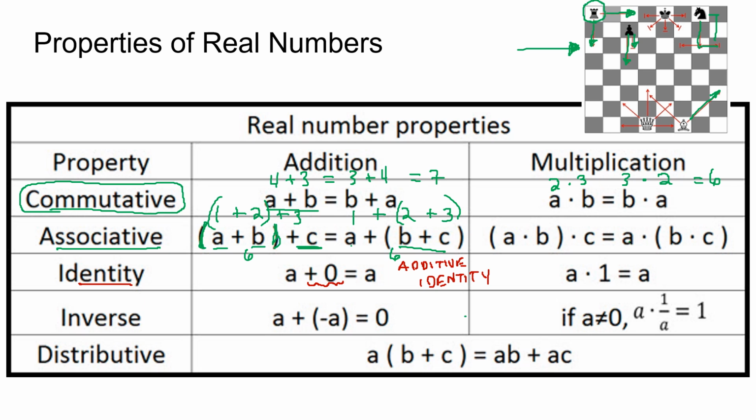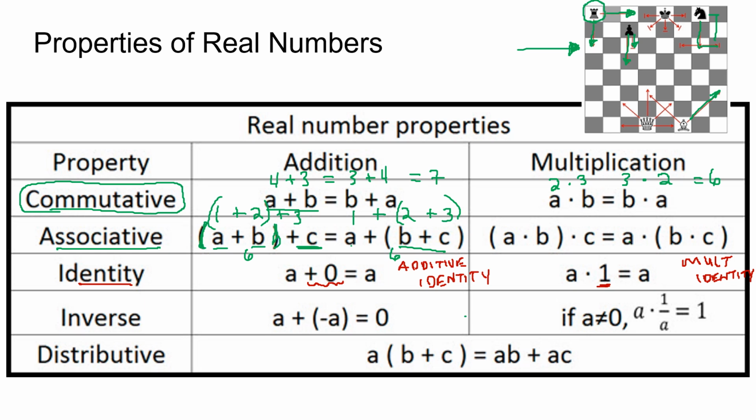The identity didn't change it. In multiplication, the multiplicative identity would be 1. And all that means is if you multiply by 1, then you didn't change the number. 14 times 1 is still 14, right?